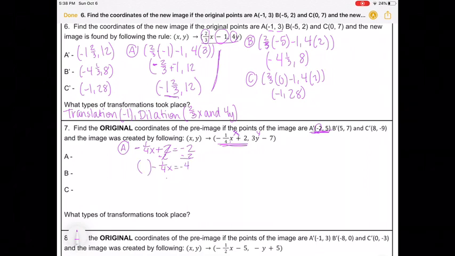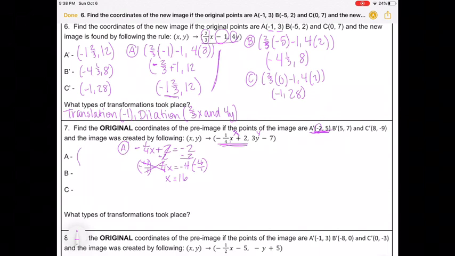To get rid of a fraction, I multiply by the reciprocal, keep the negative, and the reciprocal of 1/4 is 4/1, or just negative 4. These cancel because they equal 1, and I multiply by negative 4/1 on this side. Negative 4 times negative 4 gives us positive 16.